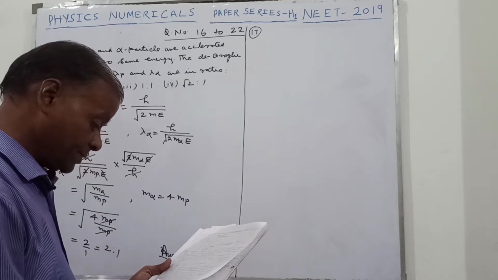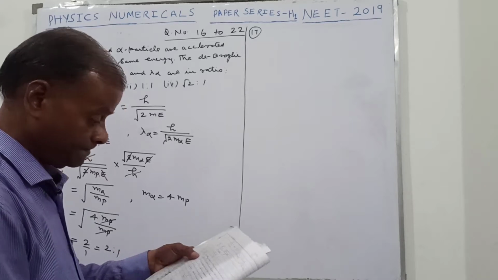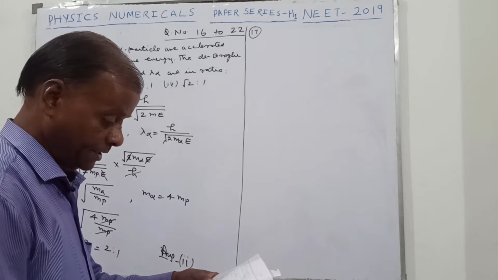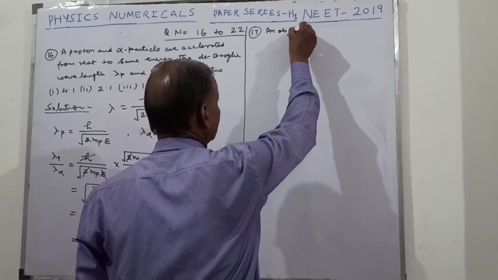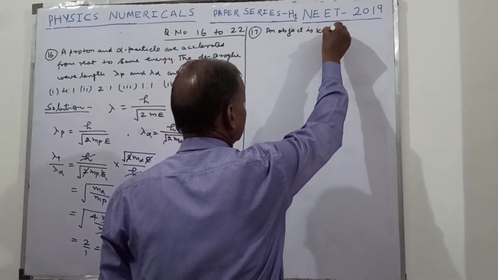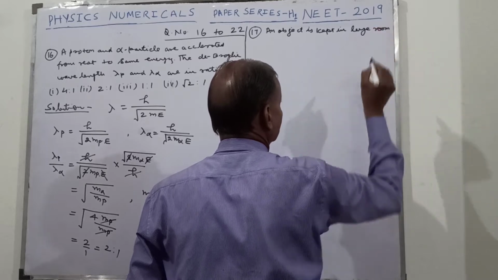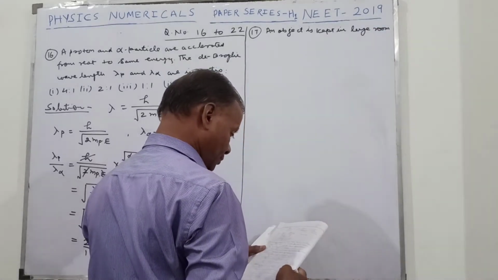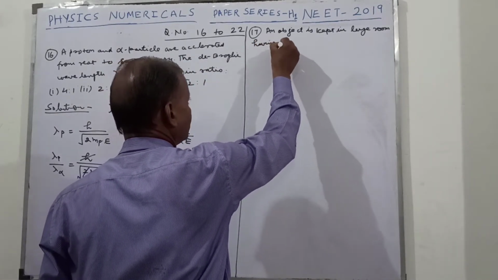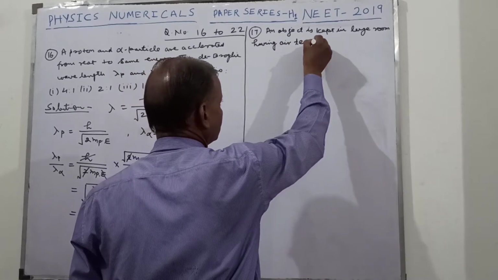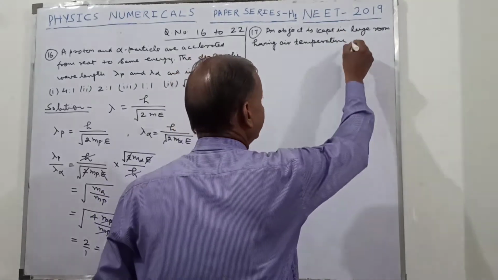Now question number 17 is given to you. An object is kept in a large room having air temperature 25 degrees Celsius.